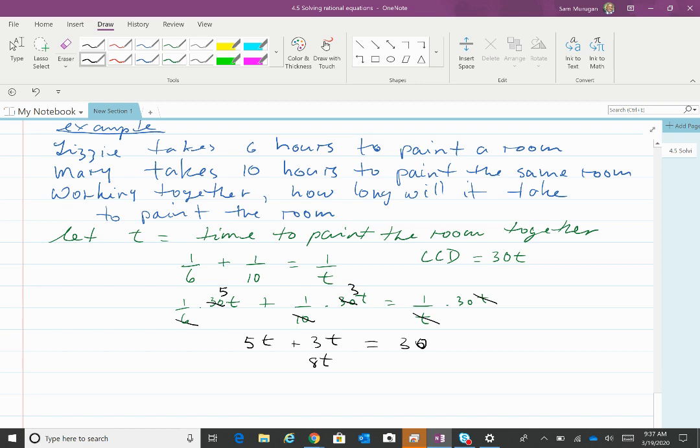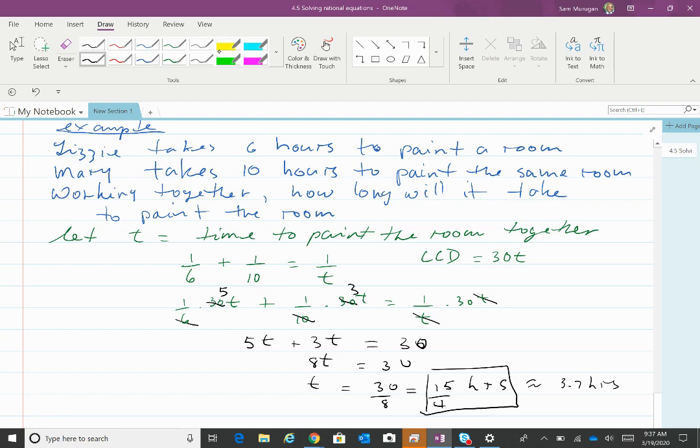So 8t is equal to 30. So t is equal to 30/8, which, when you reduce it, is 15/4 hours. This is approximately 3.7 hours, in case you wanted to visualize how much time.